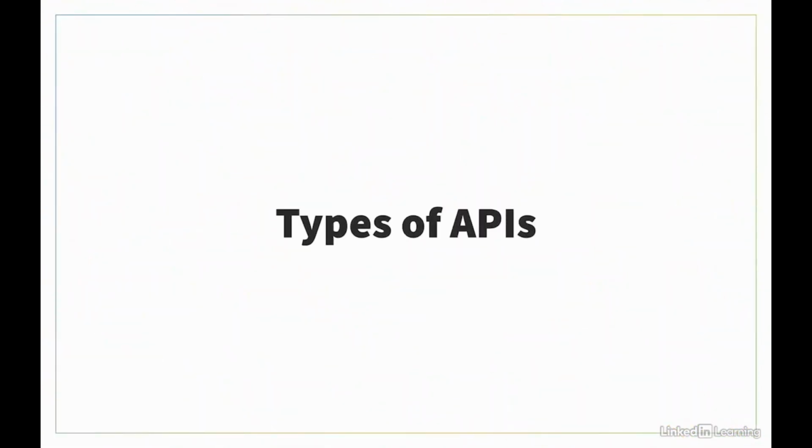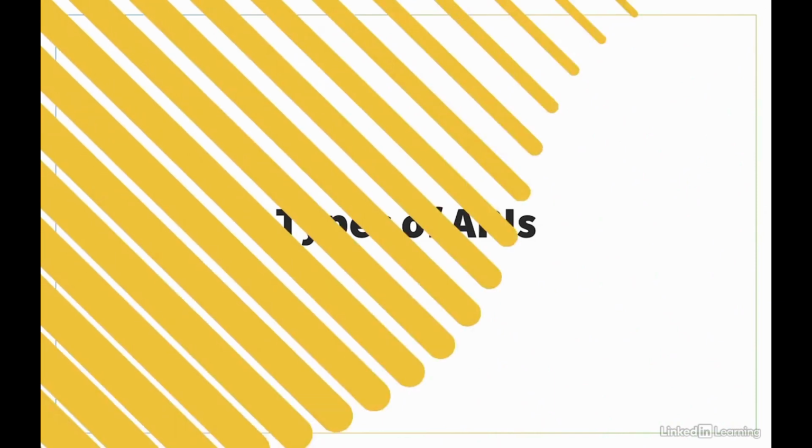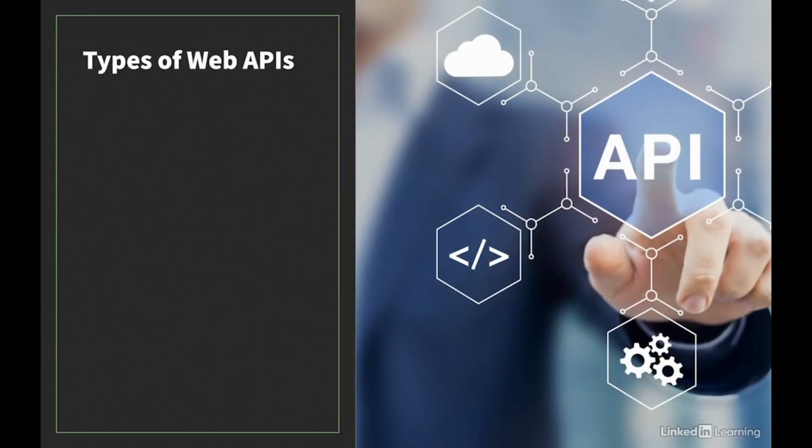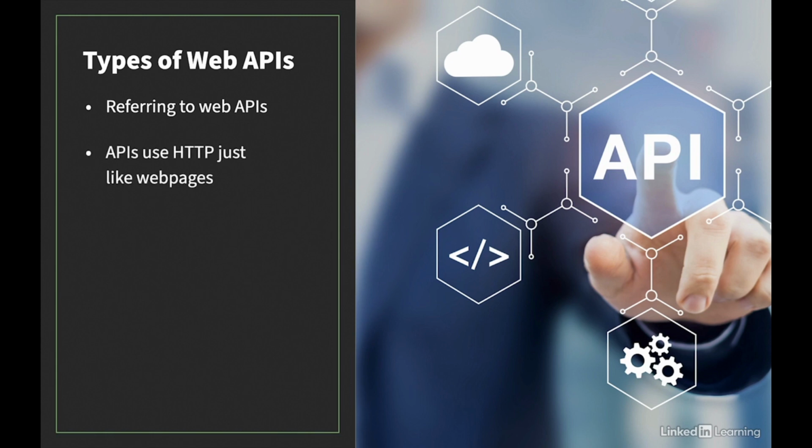Now that we know what an API is, let's understand the different types of APIs that are available. Here, by APIs, we are referring to web APIs. And these APIs use HTTP protocol, that is, Hypertext Transfer Protocol, which is the same protocol we use for our web pages using any browser.